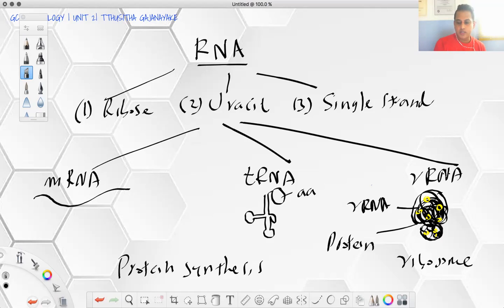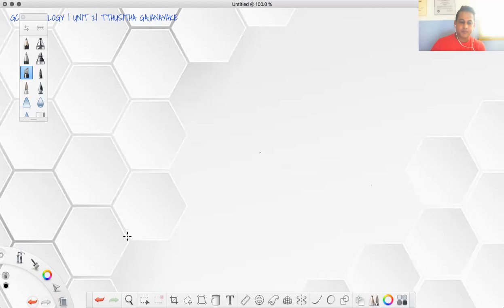So we have to look quickly at what other similar types of nucleotide we can find inside the cells. Right, the first molecule is adenosine triphosphate.